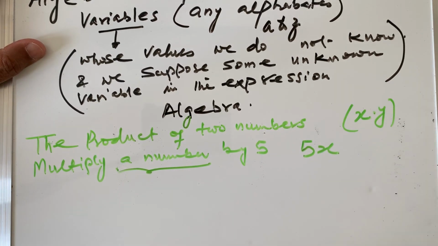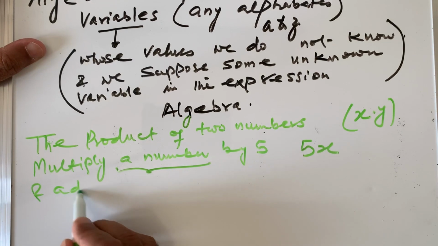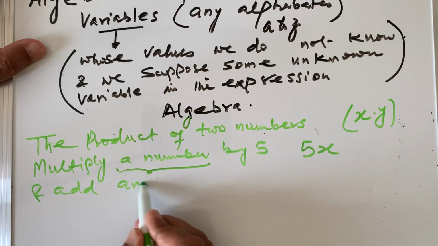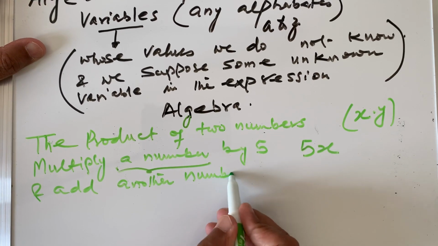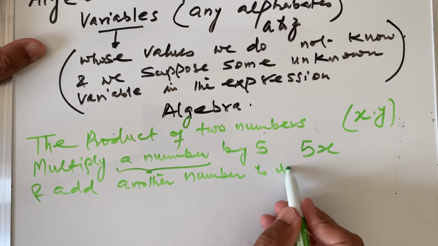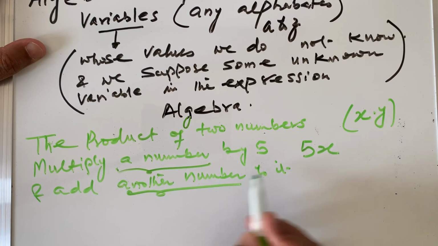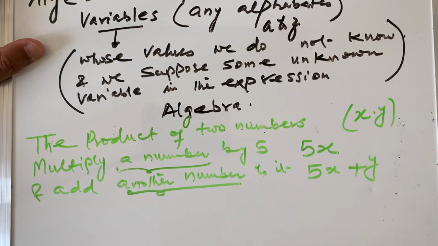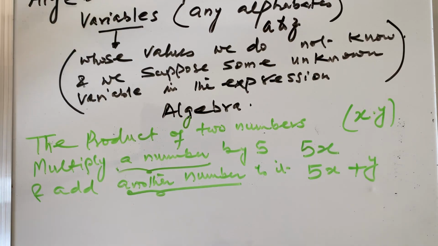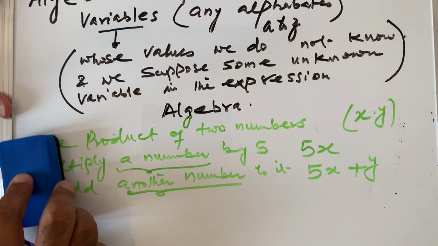And then it says add another number to it. We don't know another number again, so I will use another alphabet, y. Hope you understand.